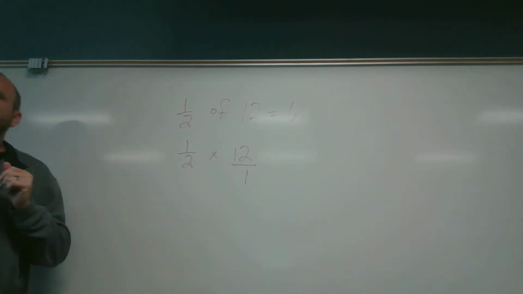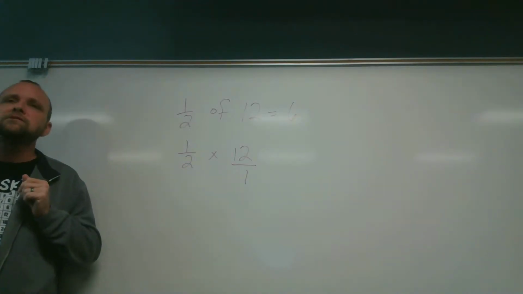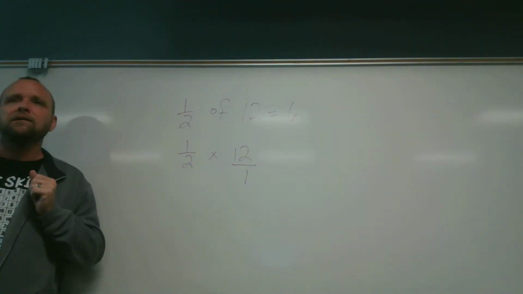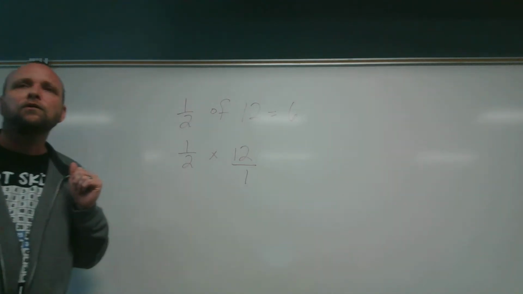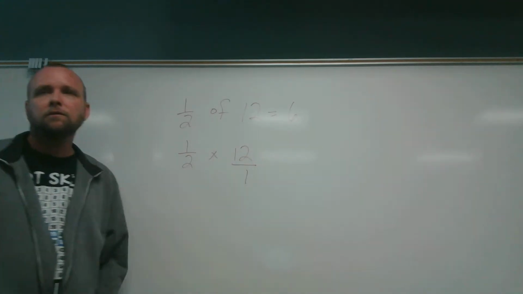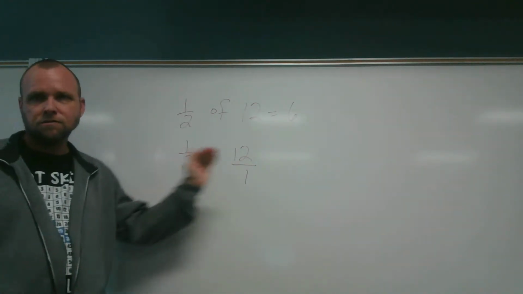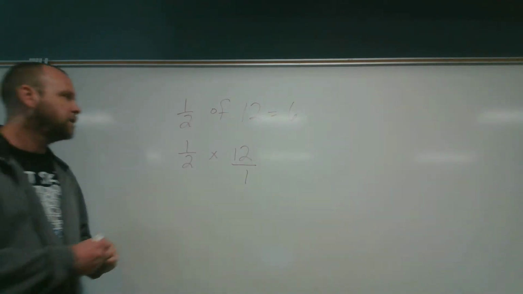When multiplying fractions, Celeste, do you remember how we multiply fractions? Can you tell me? So you have to times the numerator times the numerator, and the denominator times the denominator. Oh, fantastic.